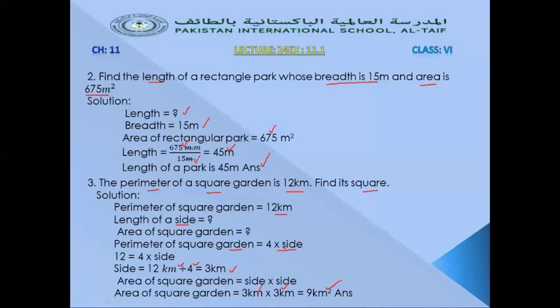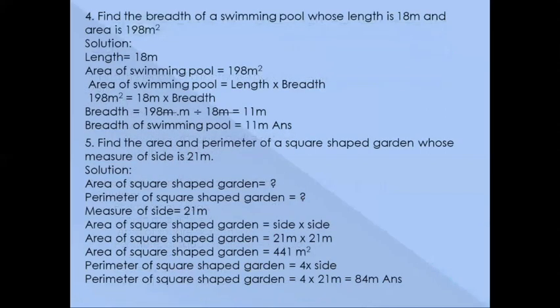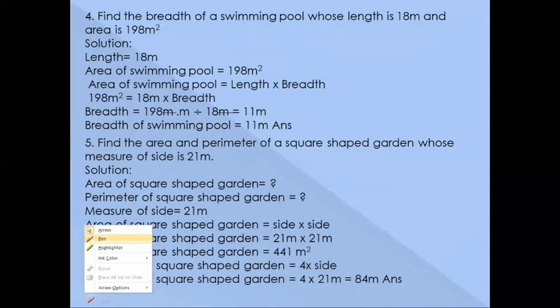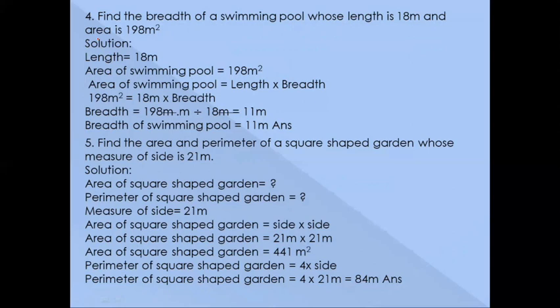Dear students, here we got this. Now problem number 4. In the 4, we have to find the breadth. Find the breadth of the swimming pool whose length is 18 meter and area is 198 square meter.